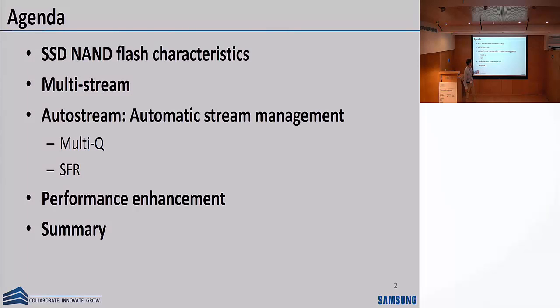So as you imagine, we address that caveat with an automatic stream detection algorithm, that is AutoStream. We developed two algorithms. The first one is multi-queue and the second is SFR. We'll discuss details of these algorithms. After that, we'll review the performance benefit for each algorithm, and then I'll conclude my talk with some summary.